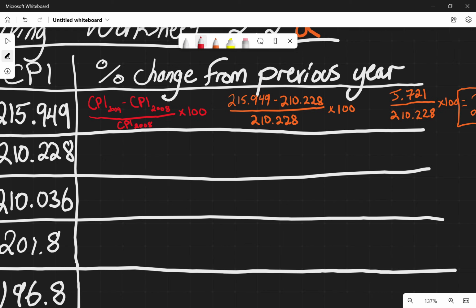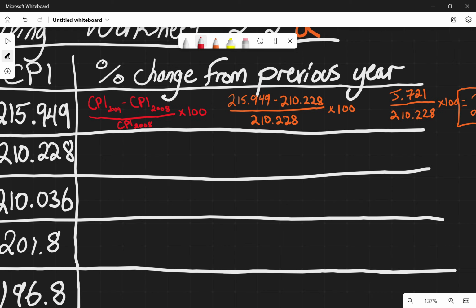So calculating the percentage change of the CPI between 2008 and 2007 would be something like this: CPI 2008 minus CPI 2007, all over CPI 2007, times 100. Again, we're going to do that same process. We're going to take the new value, the 2008 value, 210.228, and subtract the old value, 210.036.